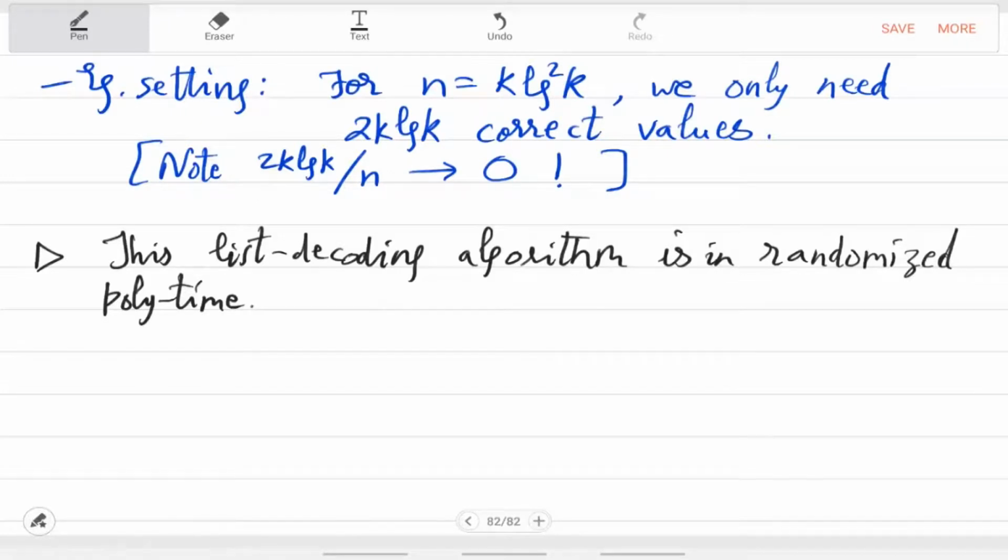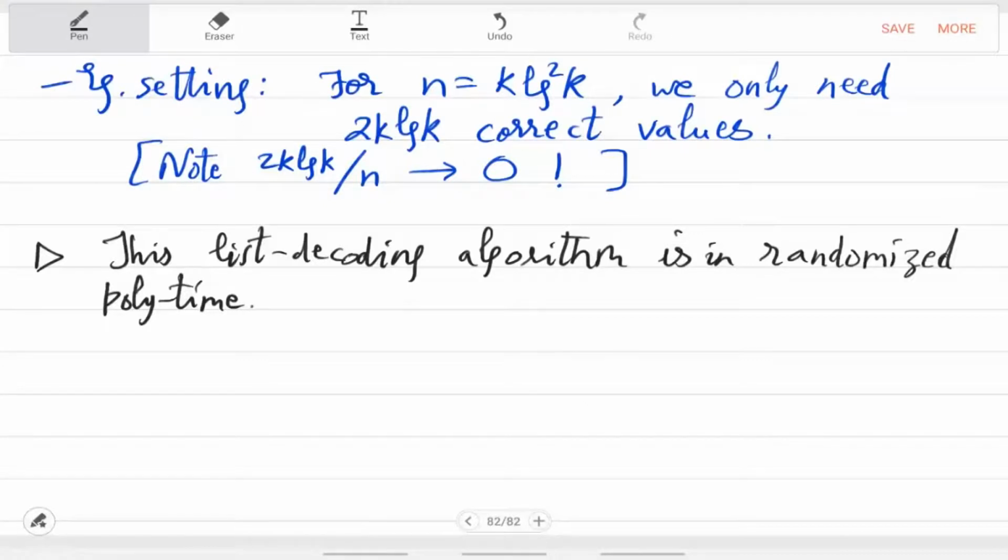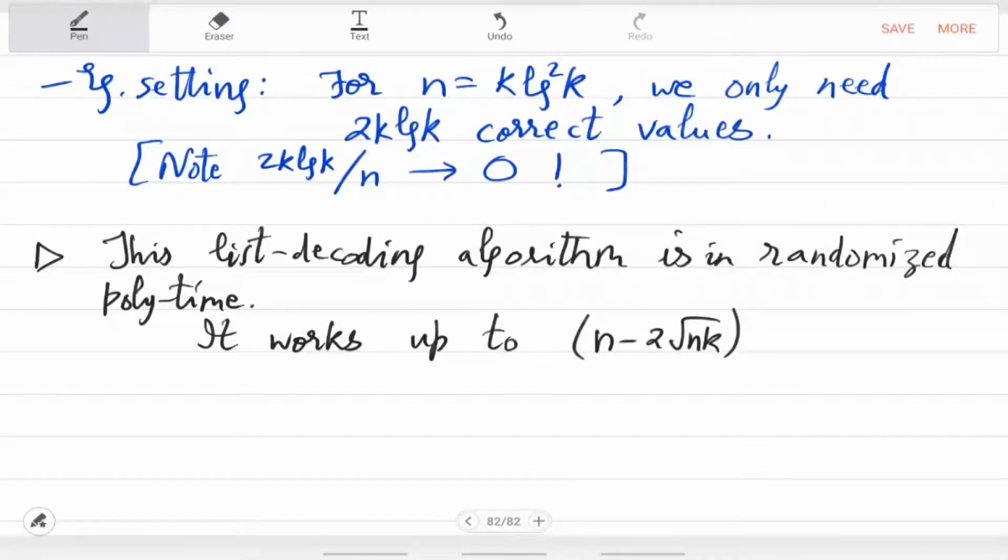In the next many lectures we will see how to factorize bivariates. Basically we will reduce bivariates to univariates and then use Cantor-Zassenhaus. So everything will be ultimately randomized polytime, and it works up to n minus 2 square root nk many errors.